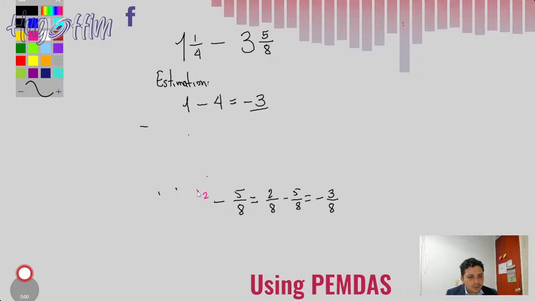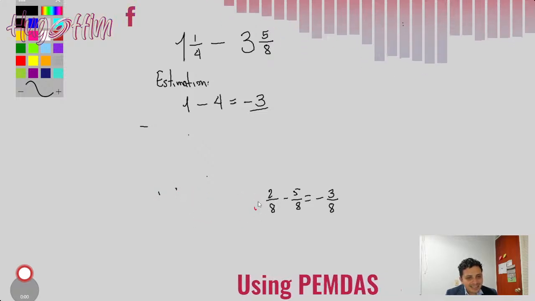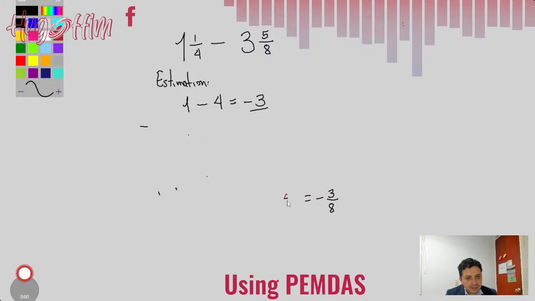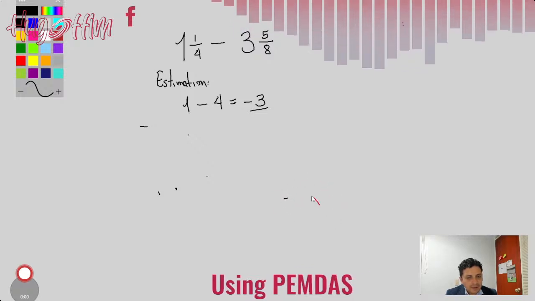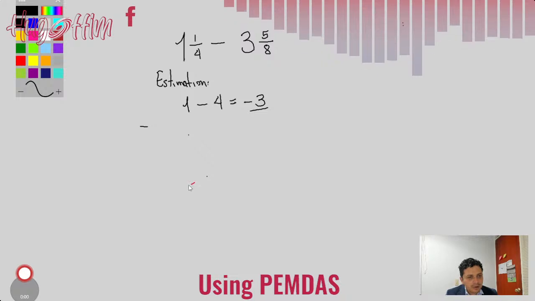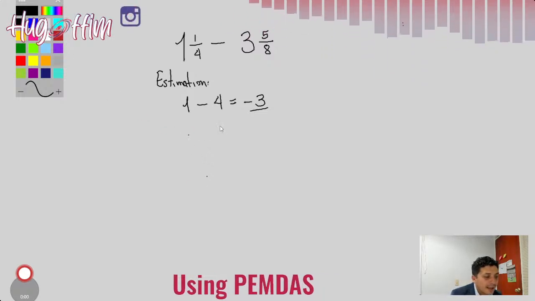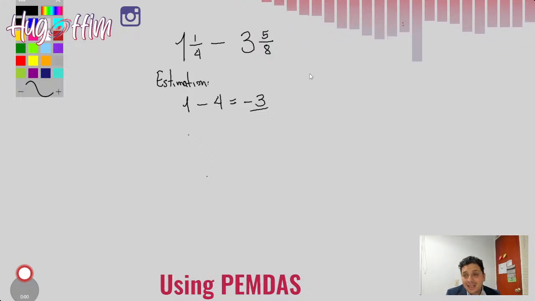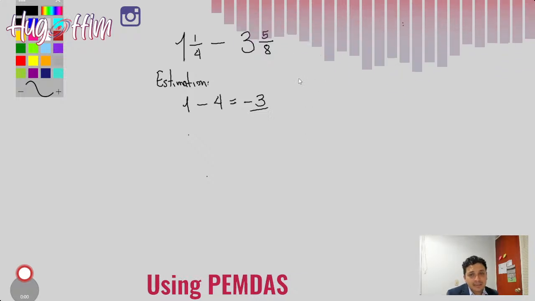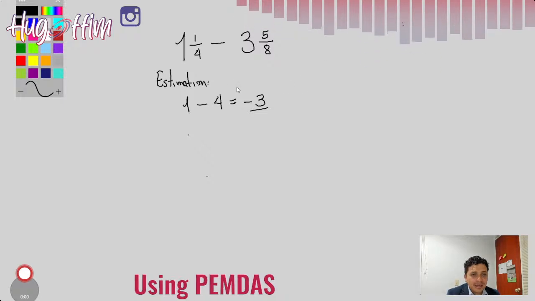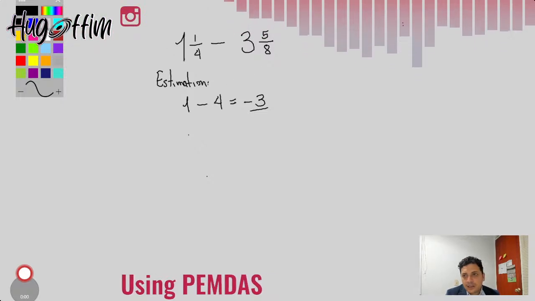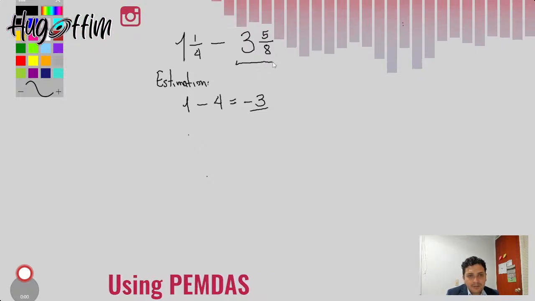Now, every time you operate in column form, decimals, fractions, mixed numbers, whatever type of numbers, your decision must be to put in the upper part of the column the highest absolute value. In this case, the highest absolute value is 3 5/8.